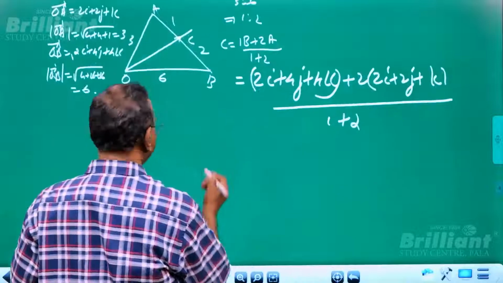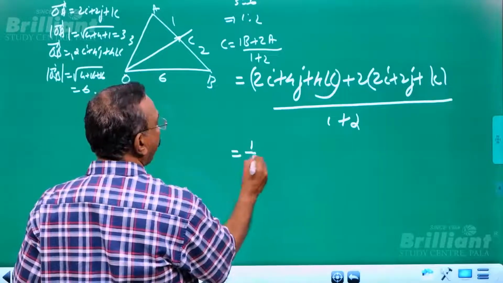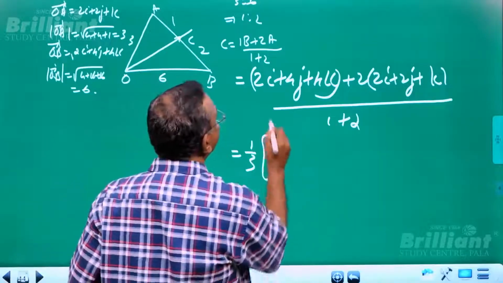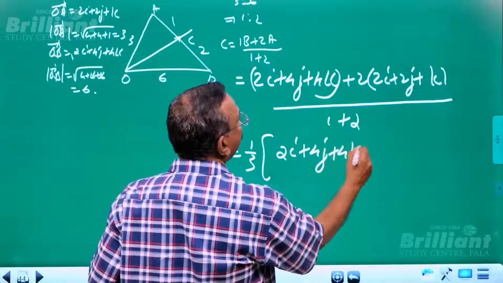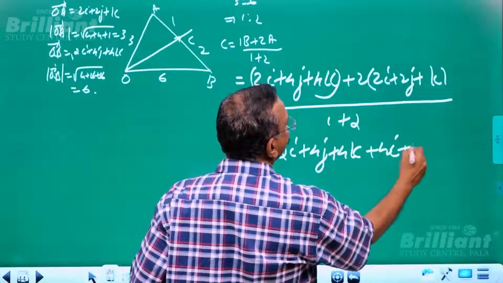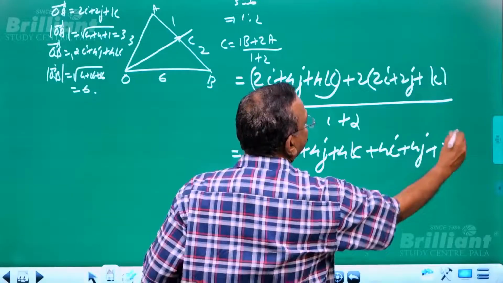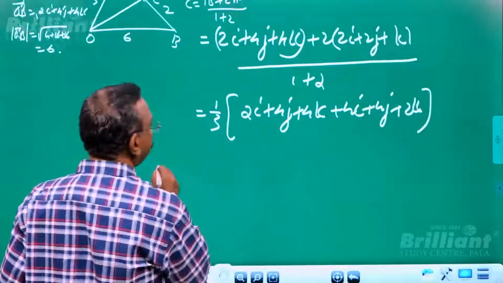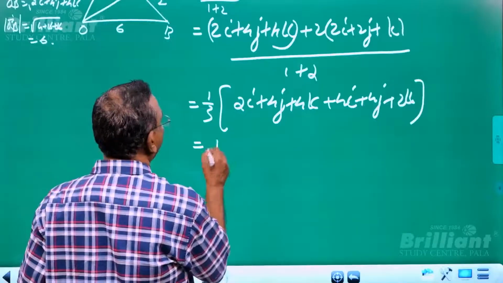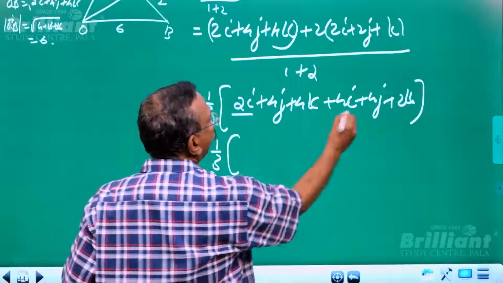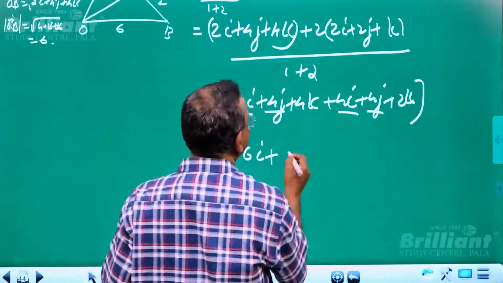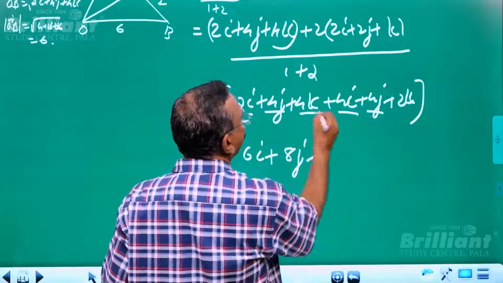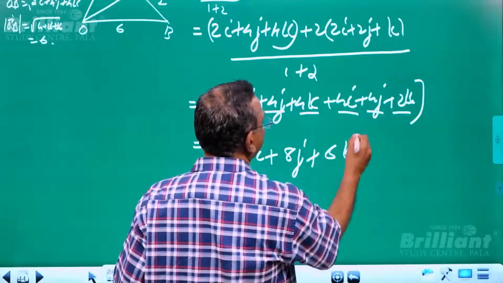So it is equal to 1 by 3 into 2i plus 4j plus 4k plus 4i plus 4j plus 2k, which is equal to 1 by 3 into 2i and 4i, 6i, plus 4j and 4j, 8j, and 4k and 2k, 6k.